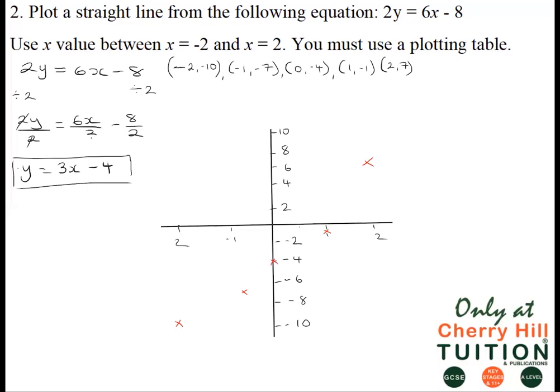Okay, and now what we can do is plot our line of best fit. So what we need to do is try and get as many points as possible to touch the straight line. So what we can do is join it there.